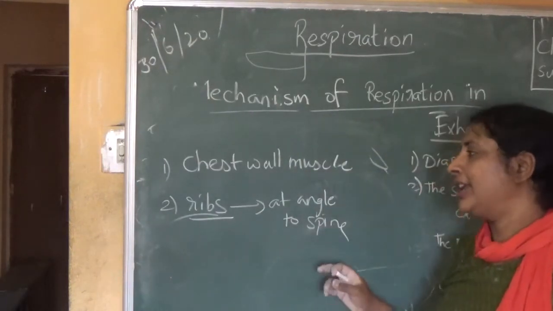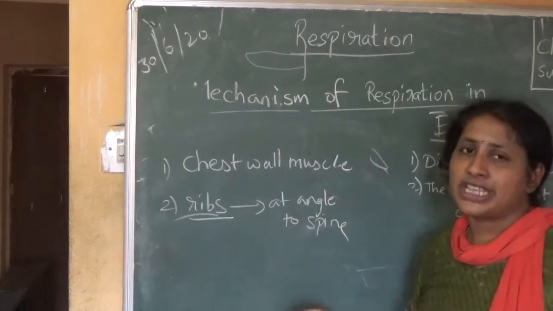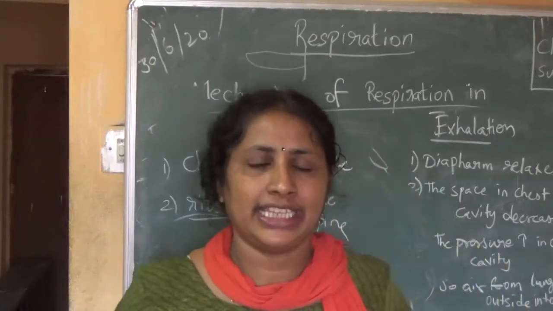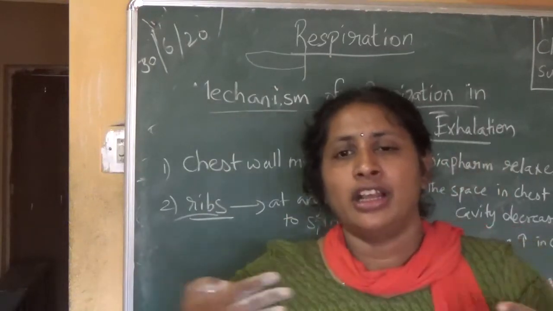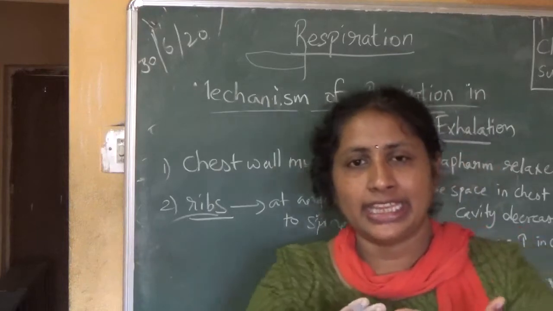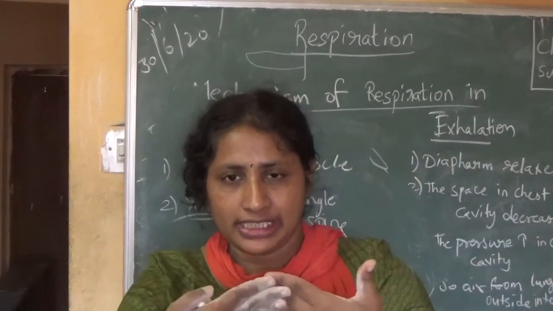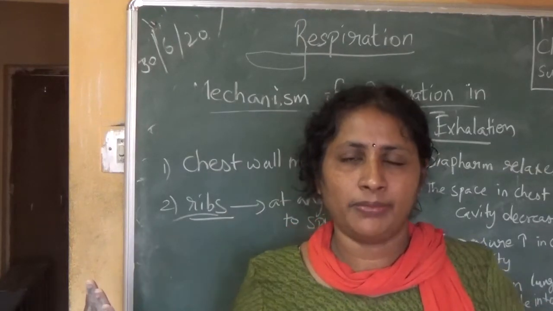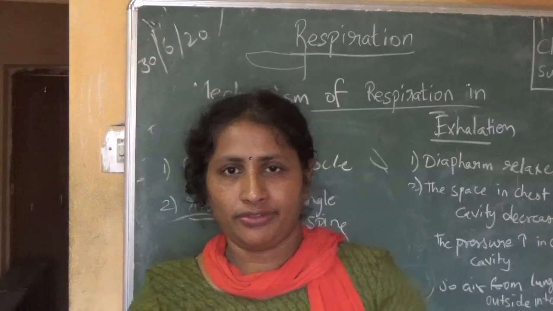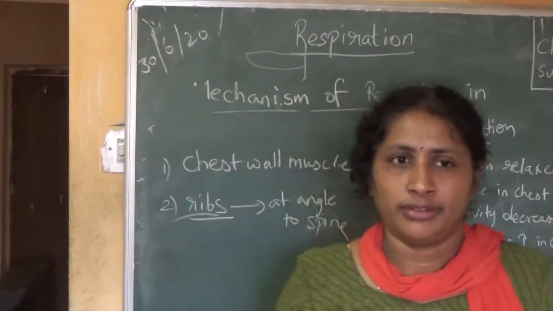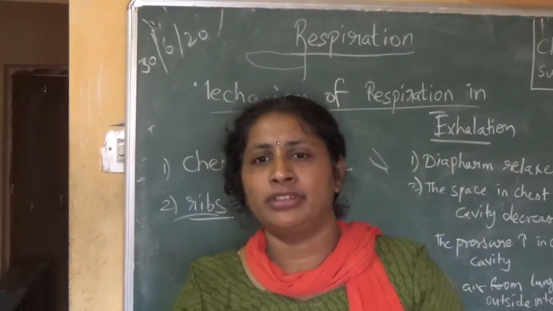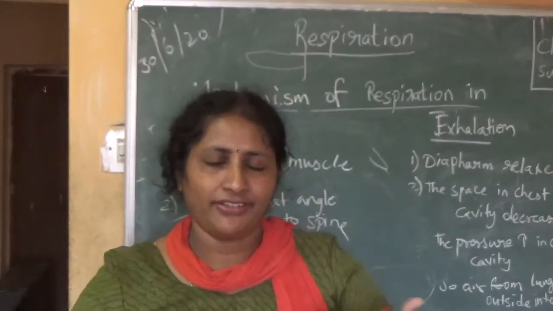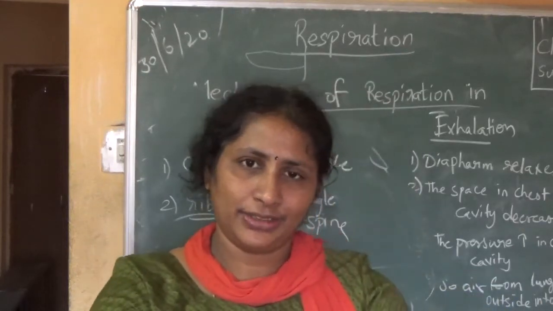The chest wall muscles and ribs are also helping in the inhalation and exhalation process. While we are inhaling, the rib muscles will slide upon one another and come nearer to each other, and while we are exhaling, they come far from each other.